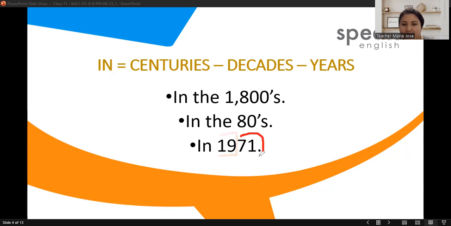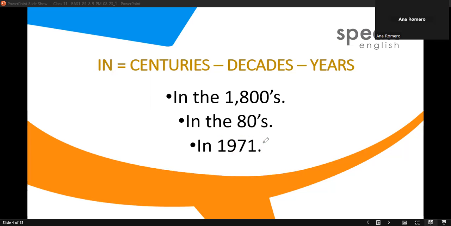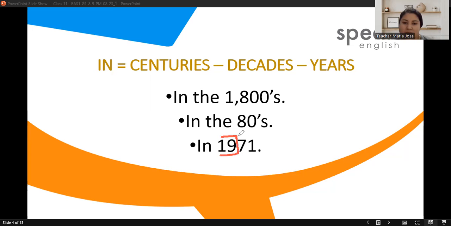And the second number? 71. Okay, excellent. So in the years, you divide the information: first, the first two numbers, and then the other two. So this is 1971.